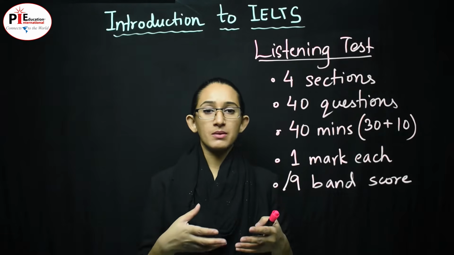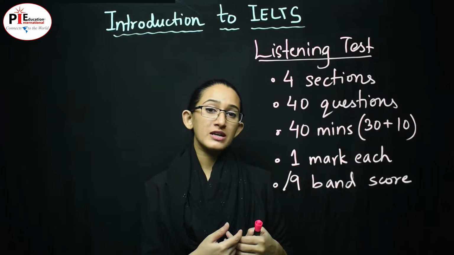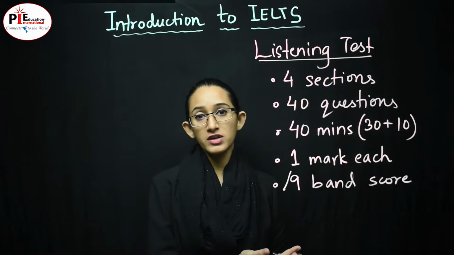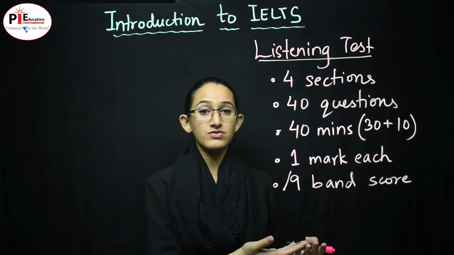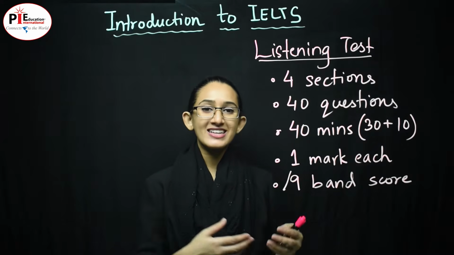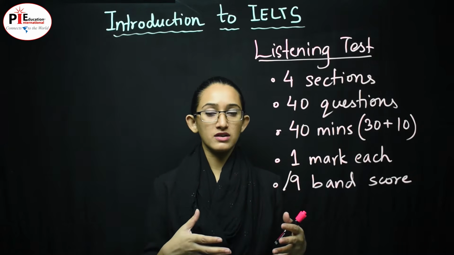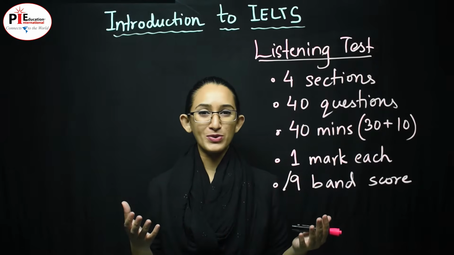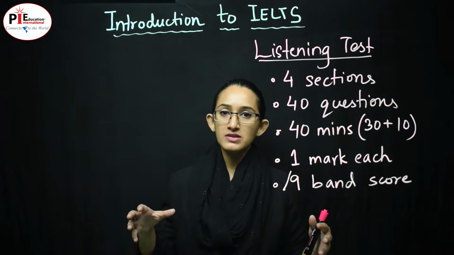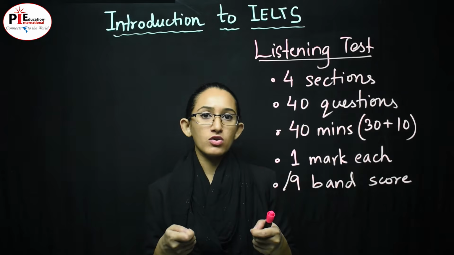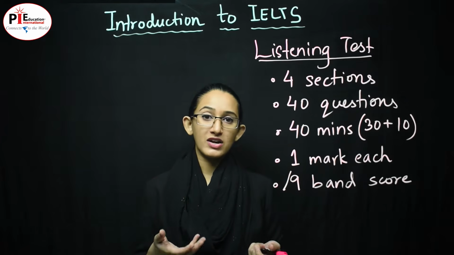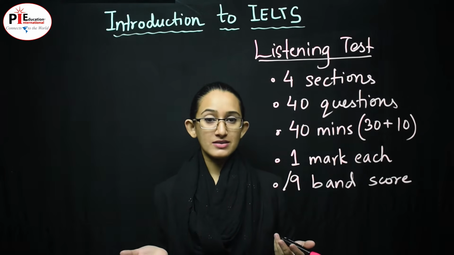Or it could be something more general. It could be about somebody calling up a courier service to ask if they've received a parcel or a package, right? Something which is very common and not too difficult or not completely out of the blue for you. So for most people, the kinds of topics that you come across will be very commonplace, very day-to-day topics, right?